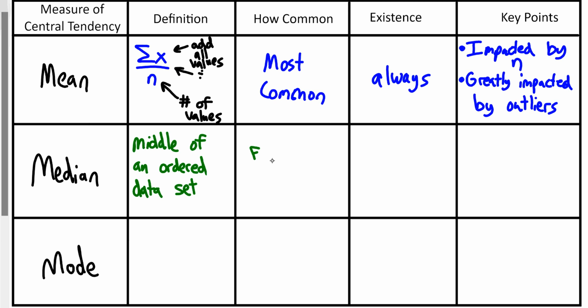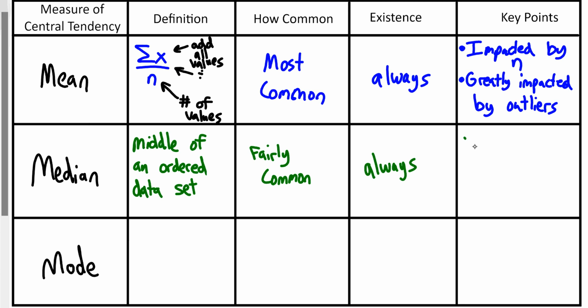I would say it is fairly common. The median will always exist. I know sometimes it's not a specific value. Mean oftentimes is not a specific value, it's just the average. But the median is sometimes a specific value, but if there's two medians, you just find the average of the two, whatever's in the middle of the two.